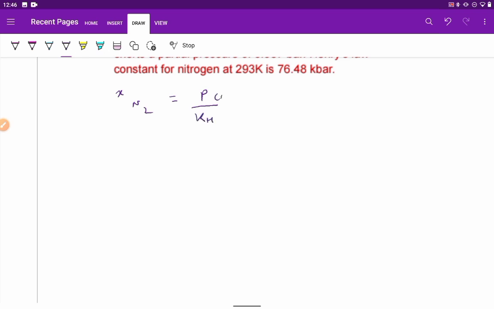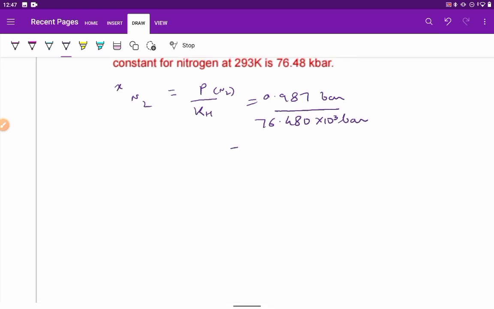This partial pressure we have to take for nitrogen only, and that value is given as 0.987 bar divided by the Kh value 76.480 K bar, so we multiply by 10 to the power 3 to convert it into bar.